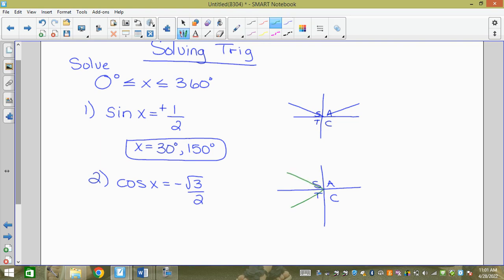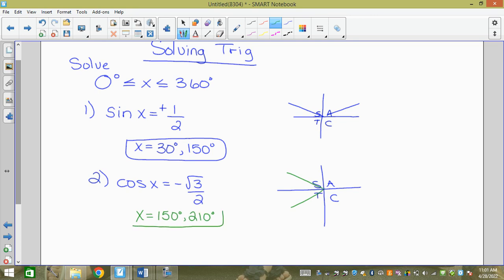So you look and get me the answers. So we're looking where x is negative root 3 over 2. So where is that going to be? Where is x? Yep, Sam? 150 and 210.